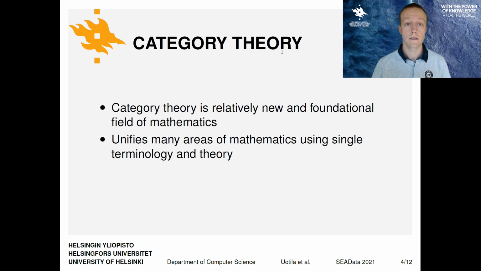Countless areas of mathematics have started to use the category theoretical approach to do mathematics. The key idea is that many concepts in mathematics follow very similar structures. Thus, those things can be unified. Why do 100 different things separately when you can do it once and generalize it?